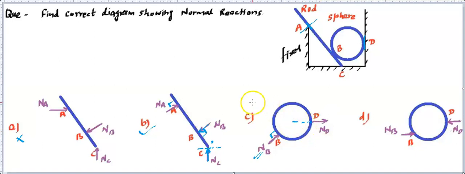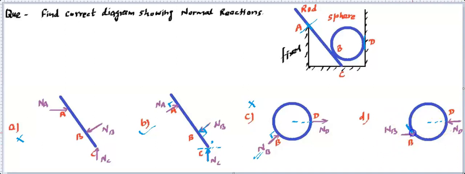So this became wrong. You need to know why C became wrong: it's just because this arrow was opposite. Now here you see this arrow has been corrected and it is toward the center. That's perfect, because it's perpendicular to the tangent and a pushing effort, as the wall is pushing this sphere. But this time NB has been shown wrong.